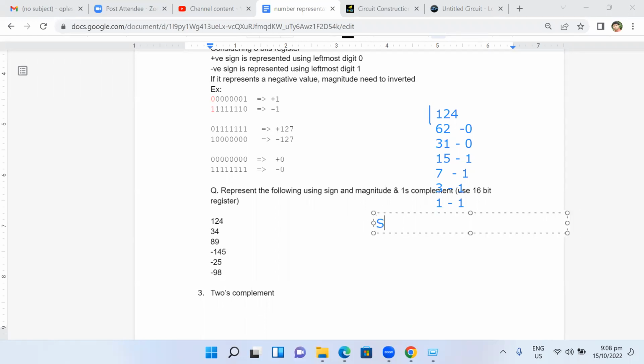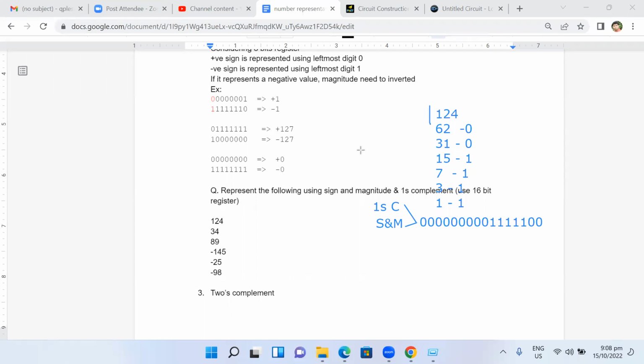Sign and magnitude value and one's complement value, both are the same.